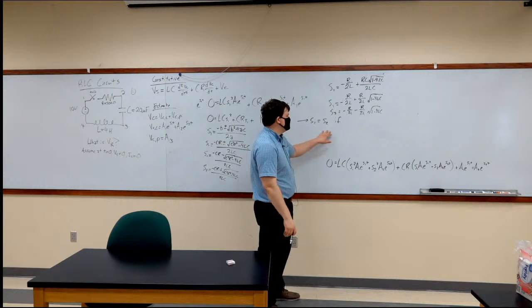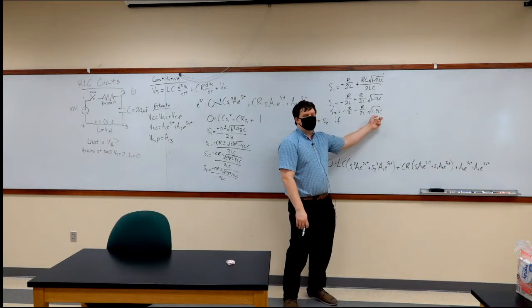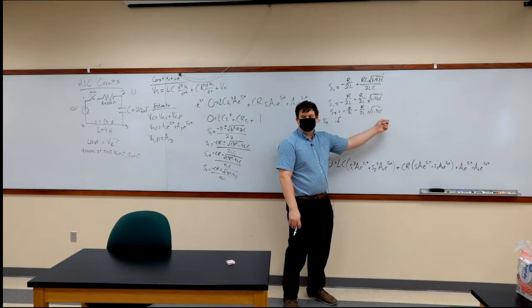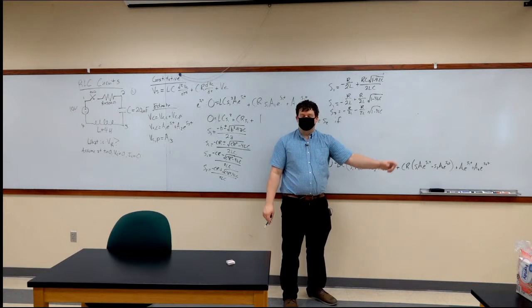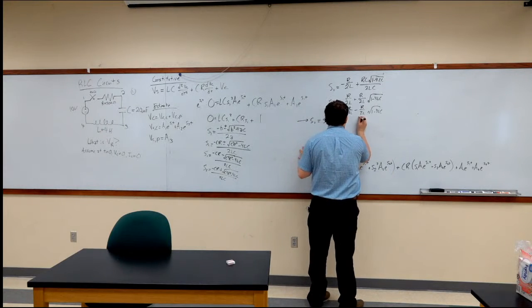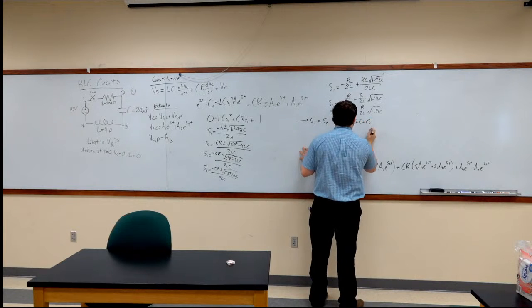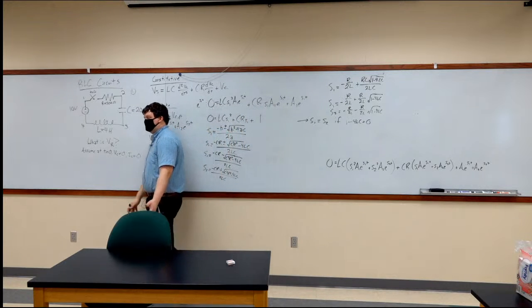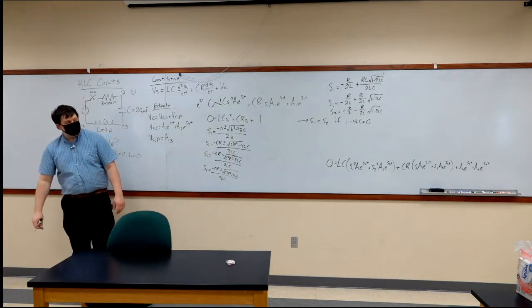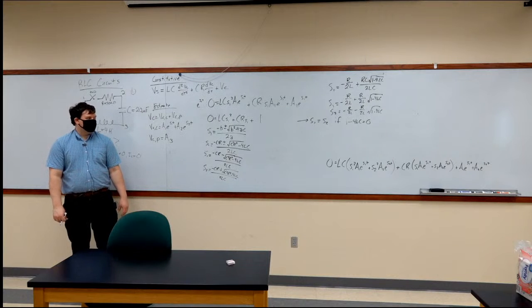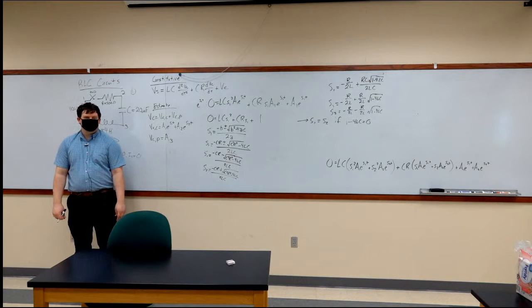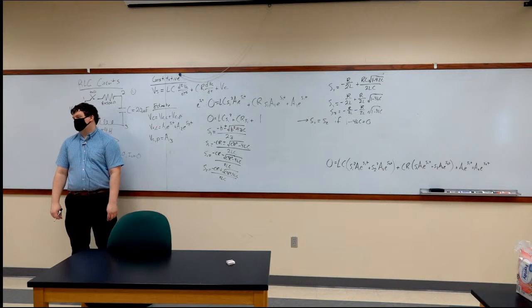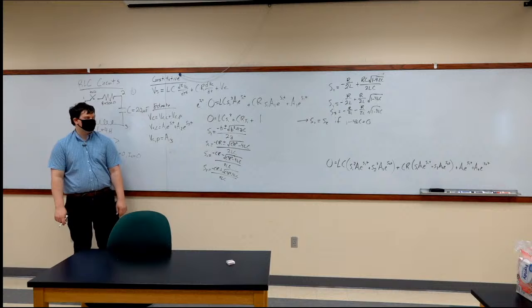S1 equals S2 if the square root of 1 minus 4LC is equal to 0. So if 1 minus 4LC is equal to 0, then these two become equal to each other. That's all it takes. What happens if 1 minus 4LC is less than 0? What does that do to our equation?